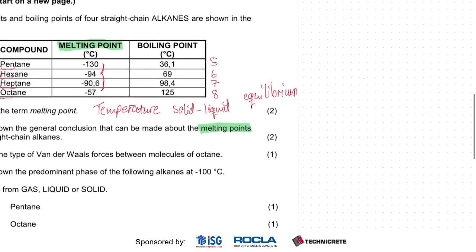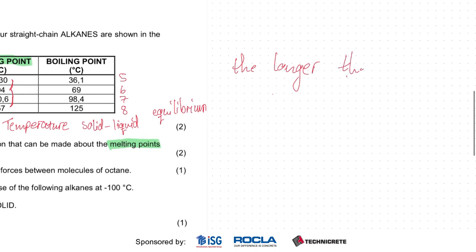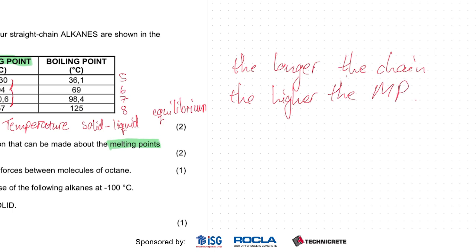So a fairly reasonable conclusion would be: the longer the chain, the higher the melting point. I'll just say MP for melting point. Okay.